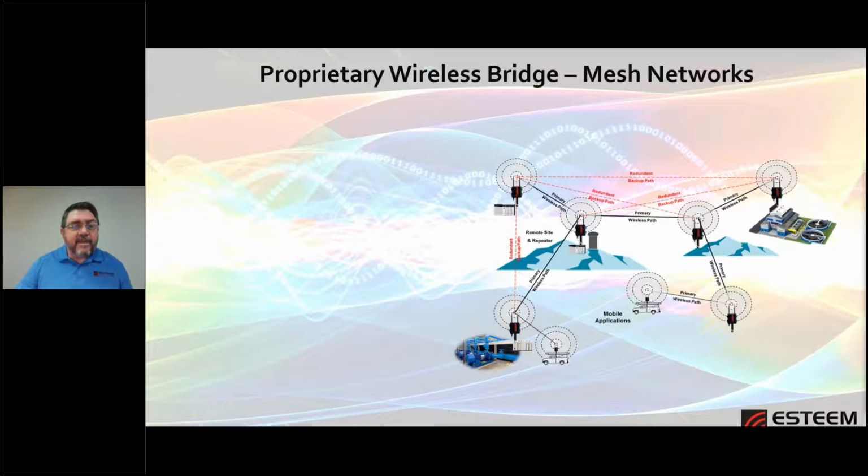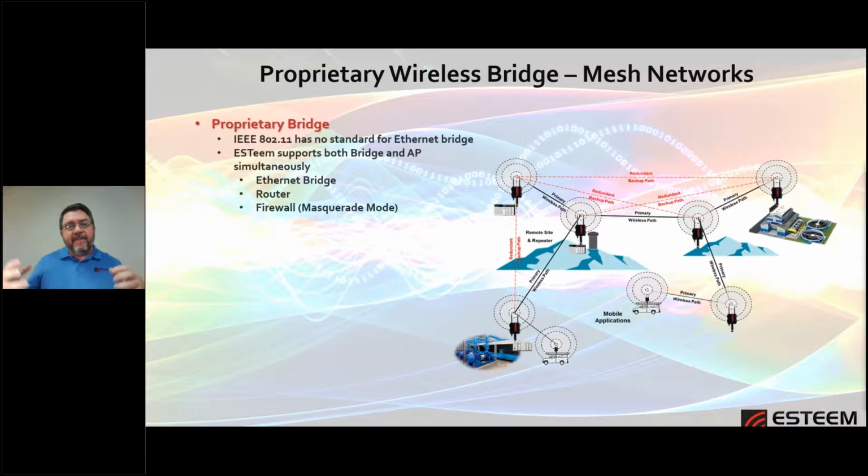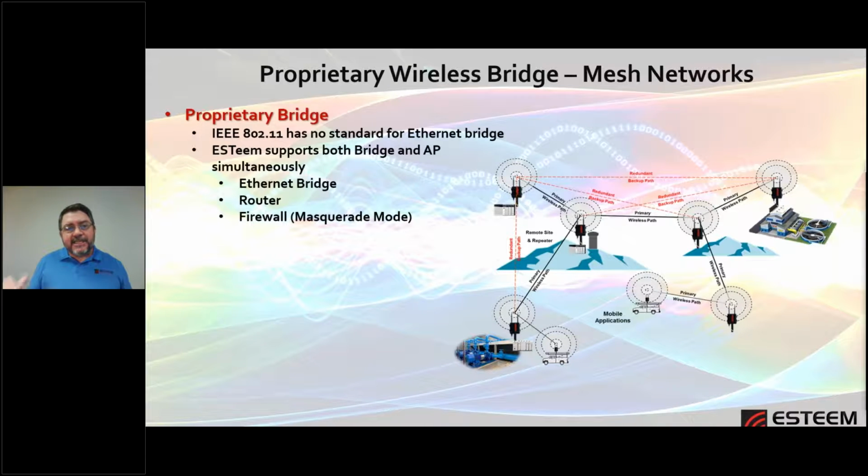But one thing to understand about this is that the IEEE, who set the standard for these 802.11 or Wi-Fi based networks, never set how the base radios, or the units that provide access to a client, talk to each other. They say they can talk to each other, and they give methods on how to get information passed between these base radios, but they never really said how to do it.